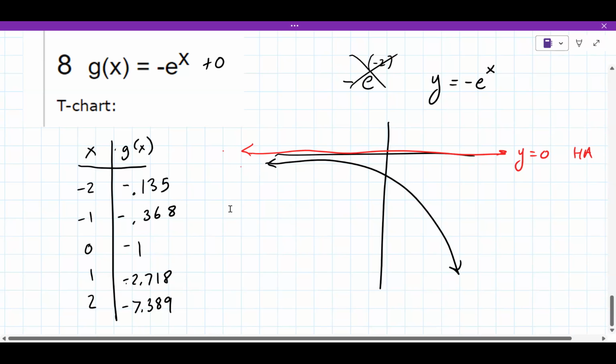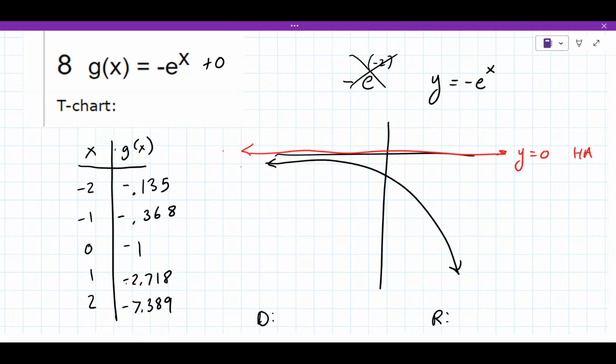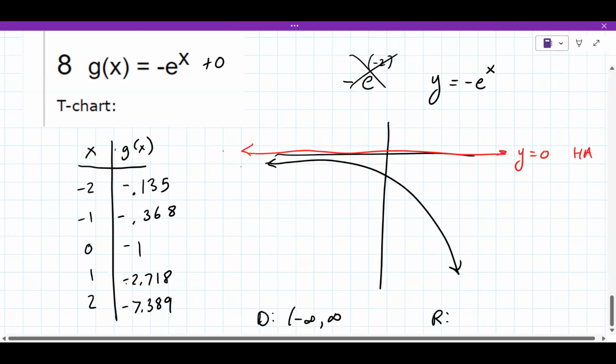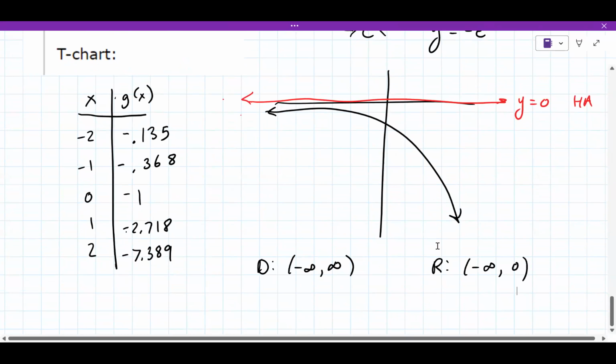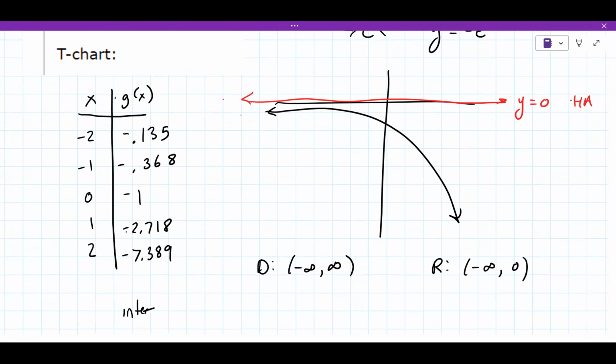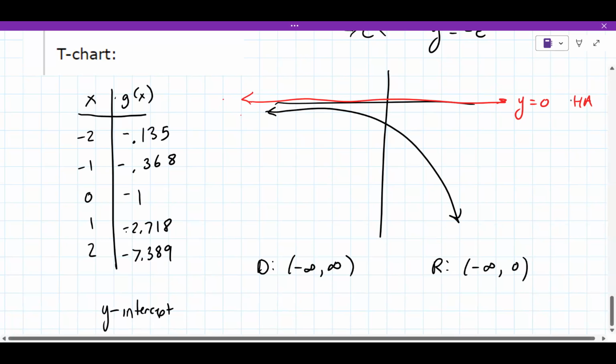Okay. So let's talk about domain and range again. What's the domain? -infinity, infinity. Good. And how about the range this time? -infinity to 0. Really good. It does have a y-intercept.